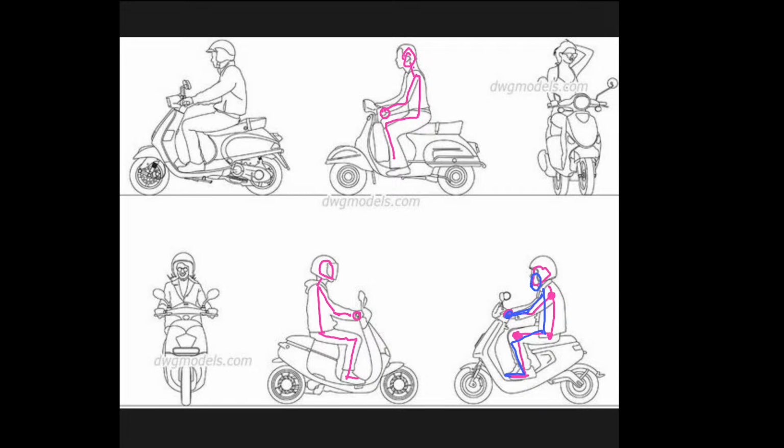Or the opposite, if we have a very big guy, he will still be comfortable with the thigh parallel to the ground, but he will sit farther back. It will be something like this.